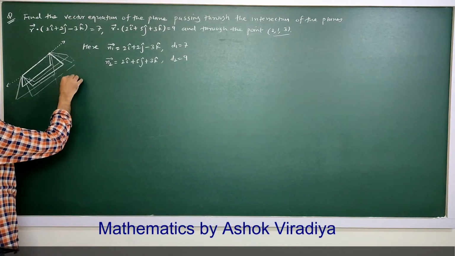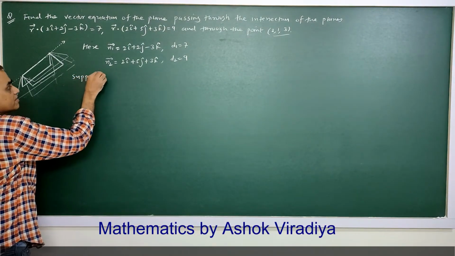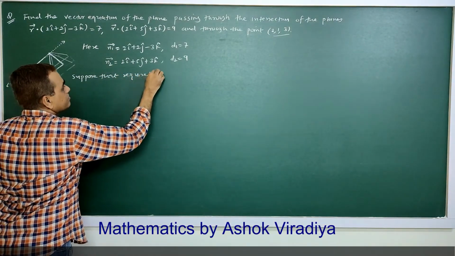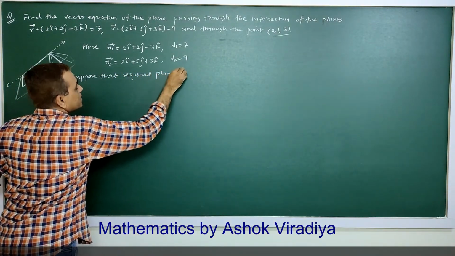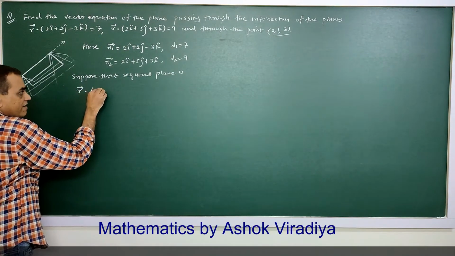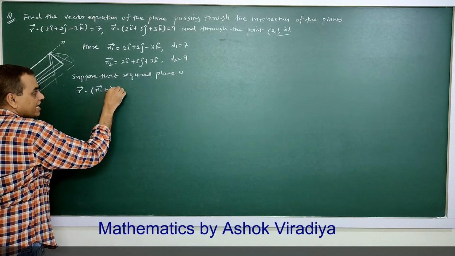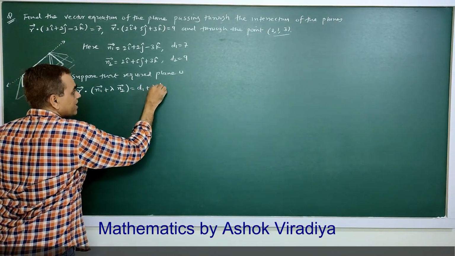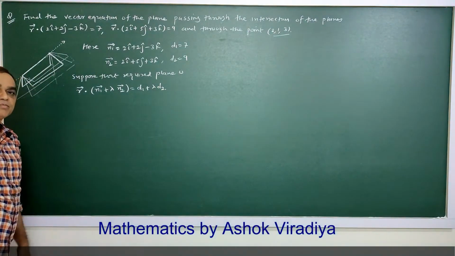Suppose the required plane is vector r dot (vector n1 plus lambda times n2) equals d1 plus lambda times d2, by the formula.